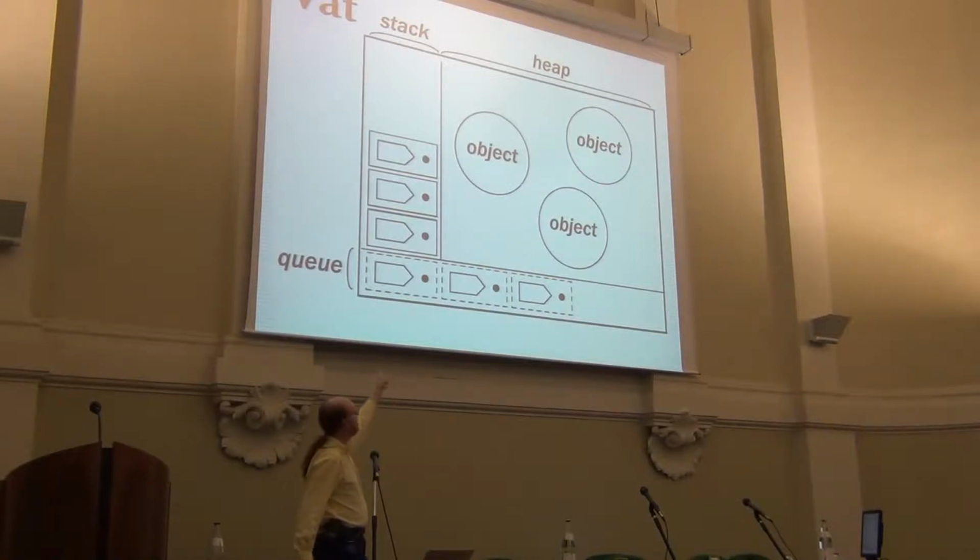What happens is, when you first start up, you take a message off the head of that queue, and you deliver it to the object that it is addressed to, and then you let that run, and it does its normal calls on the stack. When it returns from that first message send, that whole sequence is called a turn. Then it takes the next turn by picking the next thing off the queue, delivering that message, executing that, and that returns. That's the end of that. So that's reasonably straightforward.